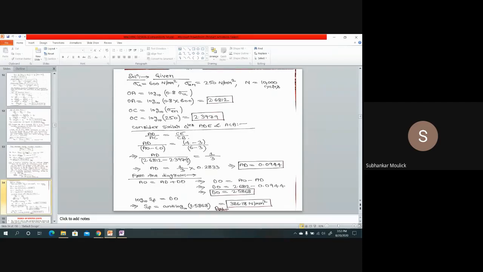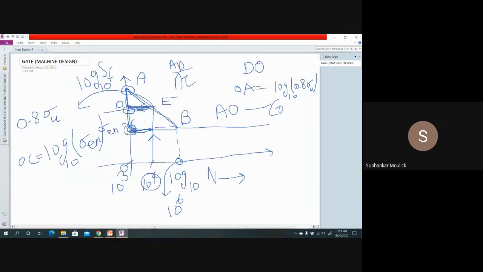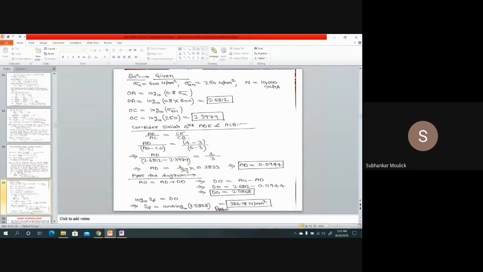Clear? And this value, the DE value, this particular point is log base 10 to the power 4 minus log base 10 to the power 3. So it is 4 minus 3. So I can write AD divided by AC.